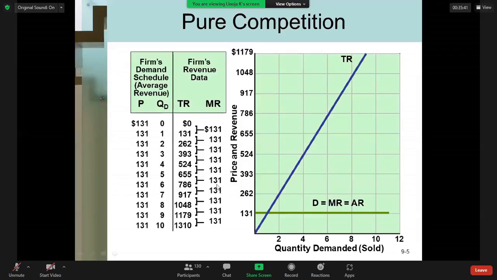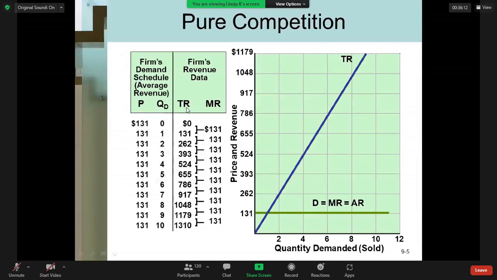Each additional value from the last value, right? 131. You can say it is the difference between the first total revenue and the second total revenue, then second and third, like that you have to note. So you'll be getting a marginal revenue value of $131.